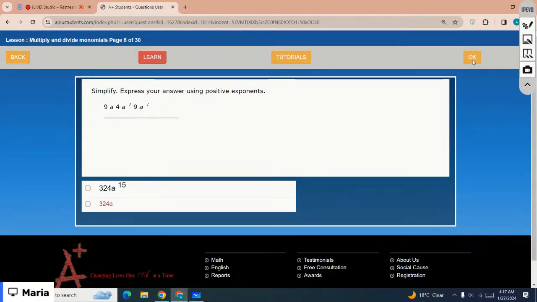Simplify 9a4, a7, 9a7, which is the correct option? Yes, the correct option is option number 1, that is 324a15, option number 1 is the correct option.